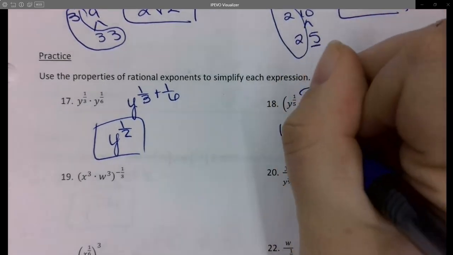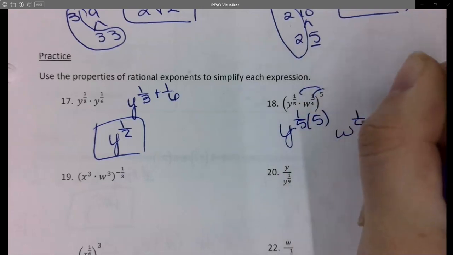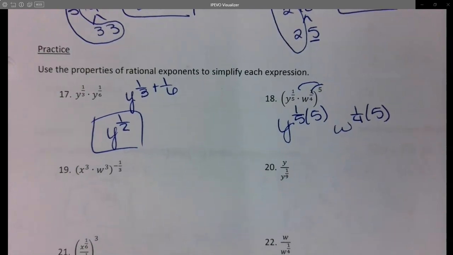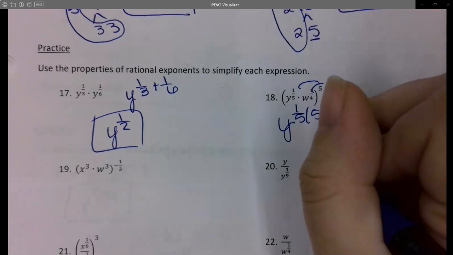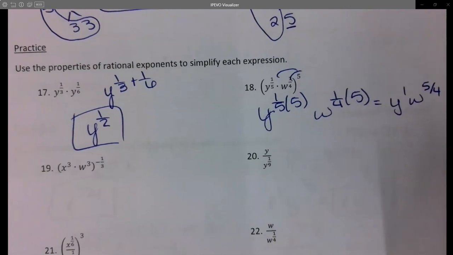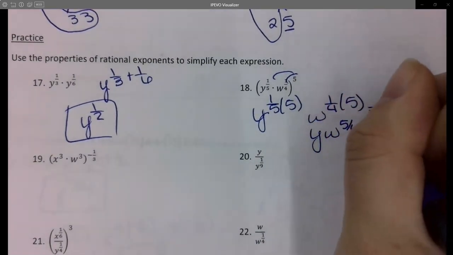So I'm going to have y to the 1/5 times 5 and w to the 1/4 times 5. 5 times 1/5 gives me 1. 1/4 times 5 gives me 5/4. So this is just y w to the 5/4.